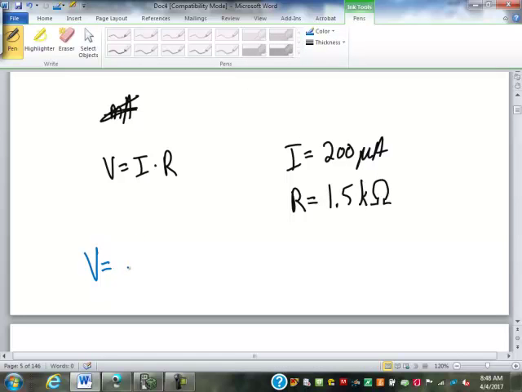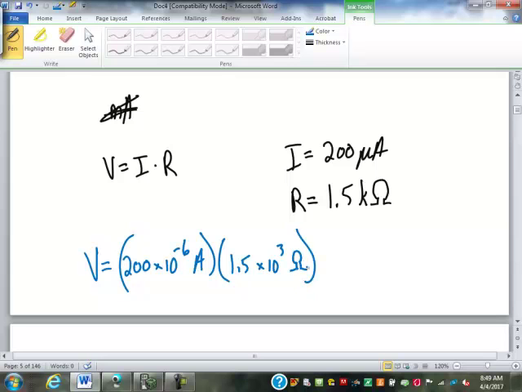Well, micro is what, power of 10? Ten to the negative 6. So 200 microamps is 200 times 10 to the negative 6 amps. Kilo is 1,000, so 10 to the third.